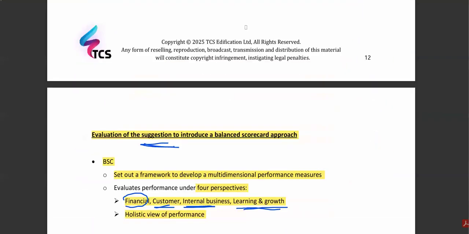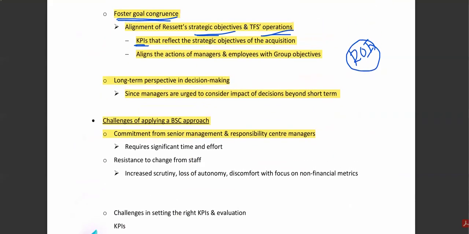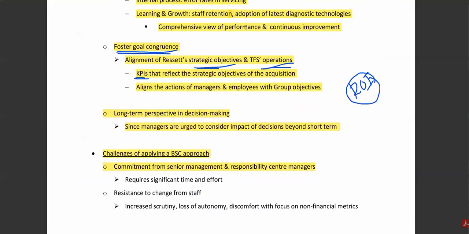So the managers are not going to like it, obviously, because if they were not subject to a balanced scorecard approach, and all of a sudden you introduce a multi-dimensional performance measure, and say, look here, we are also focused on innovation, employee training hours, their retention, you impose this on the management, and if you don't get their support, it is not going to be successful, because it will require their time and effort, and employees may not welcome the change.